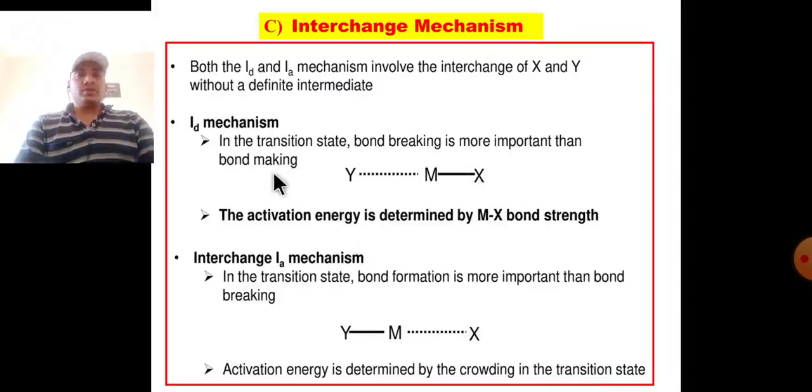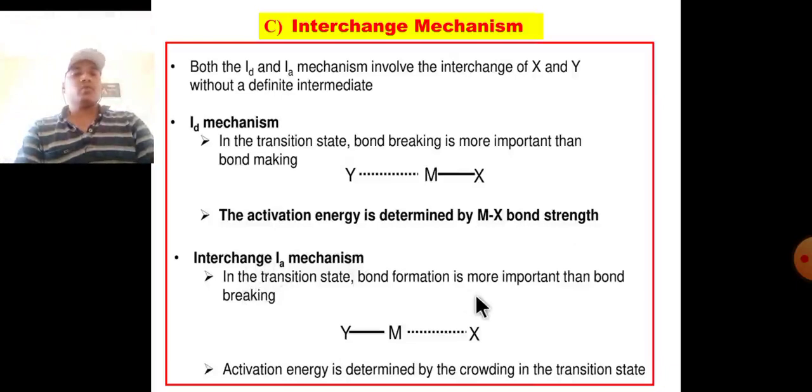Similar to SN1, the leaving group X leaves first, and then the bond is made. The activation energy is determined by the MX bond strength. In the interchange associative mechanism, in the transition state, bond formation is more important than bond breaking. The activation energy is determined by crowding in the transition state.